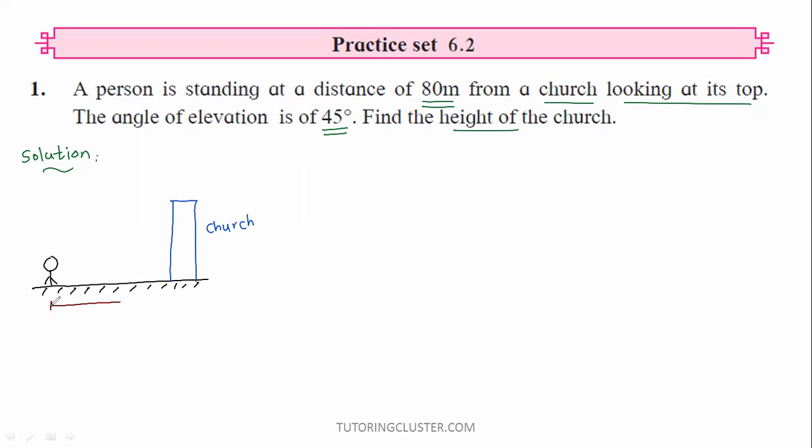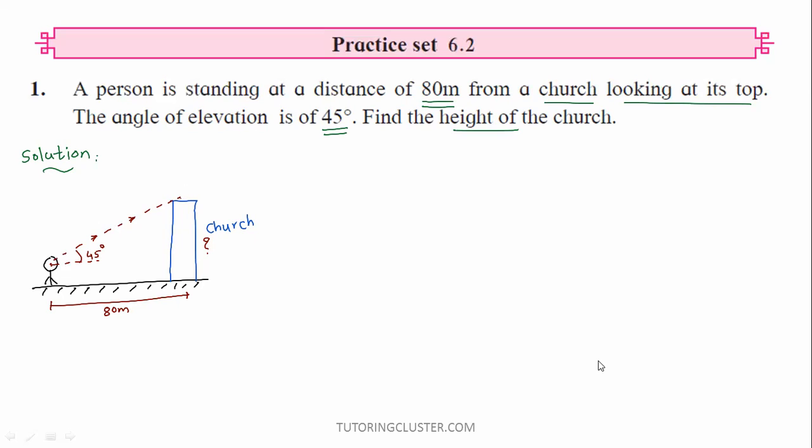That means this distance is how much? 80 meters. Looking at its top. That means this person is looking at the top of the church. The angle of elevation is 45 degrees. That means this angle is going to be 45 degrees. So they have asked you what is the height of the church.